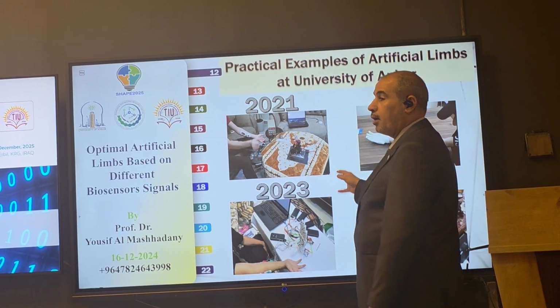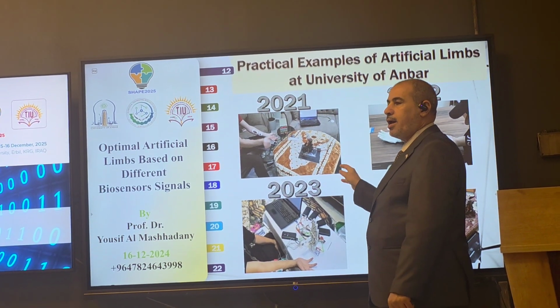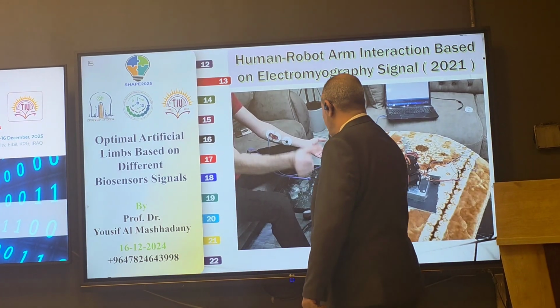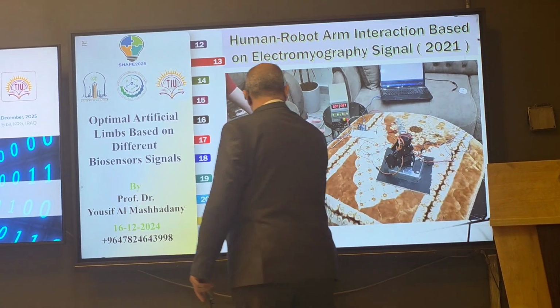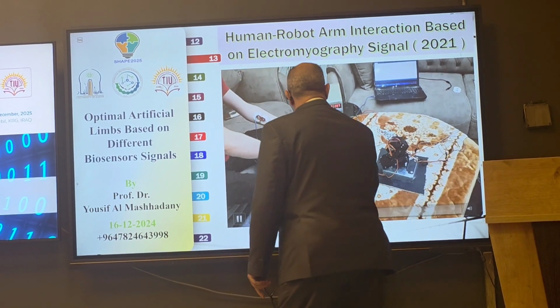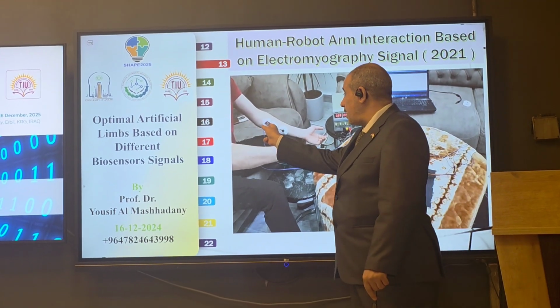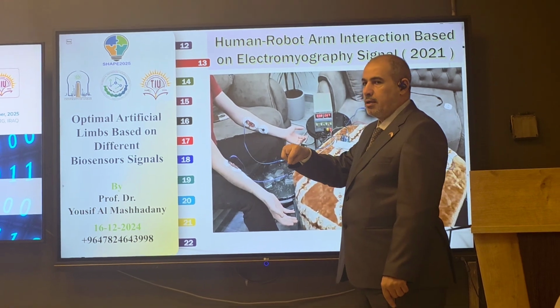This is a practical project in EMG and EEG signal. In 2020, this first project, I explained in our center, this full synchronization used this sensor in the same group.